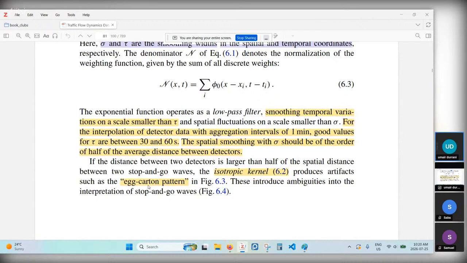It creates what is called the egg carton pattern, because if the distance between two detectors is larger than half of the spatial distance between two stop and go waves, the isotropic kernel produces artifacts such as the egg carton pattern.